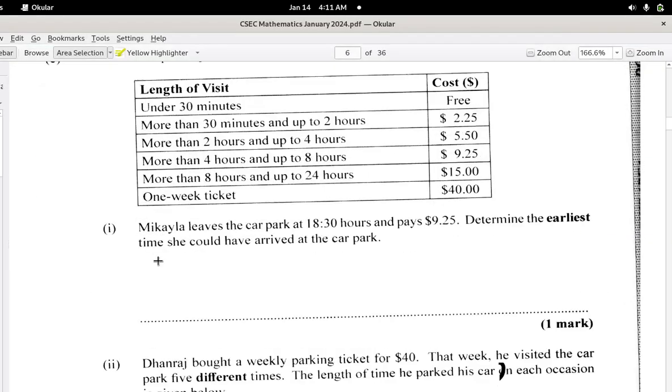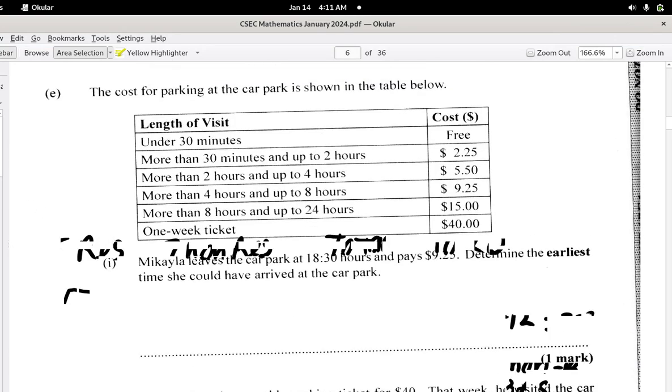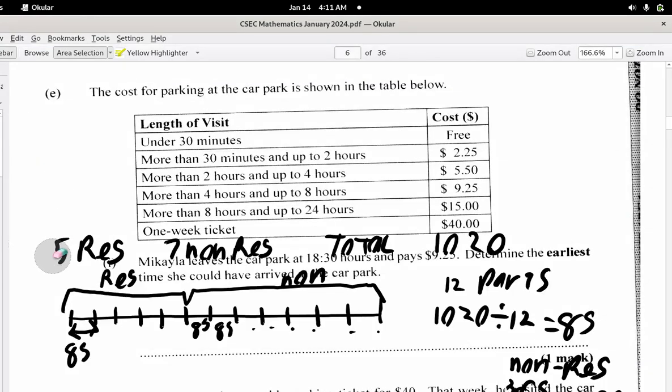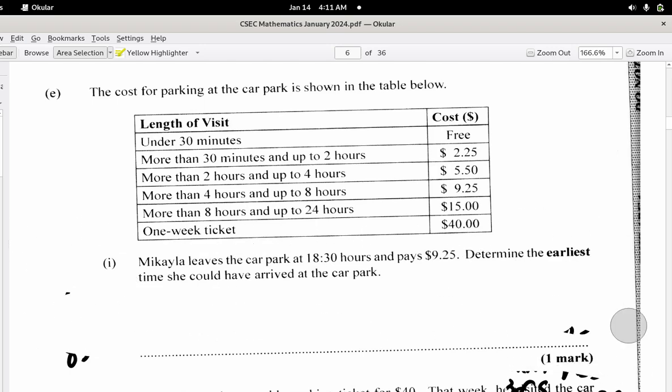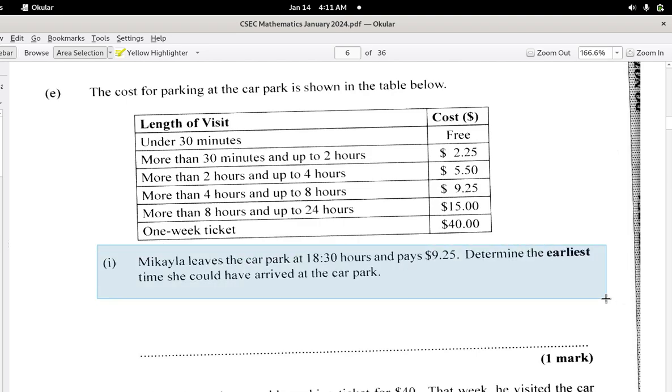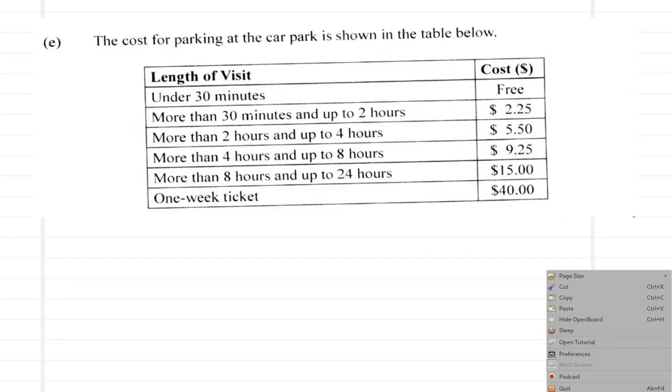Now, this part of the question. This is part E. Oh, this was the working from before. Let's erase this part of the working that we had from before. Now, let's copy part E1 and put it over here.